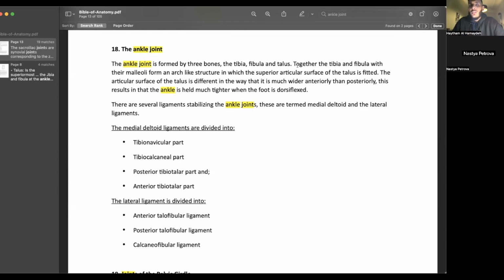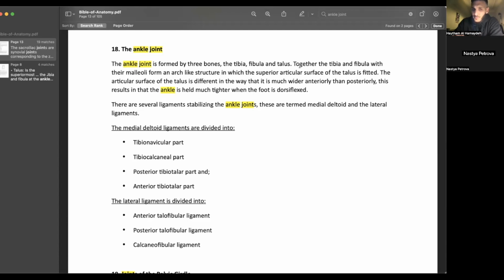Also, about ligaments, there are two types: the medial deltoid and lateral deltoid ligaments, but they are divided into three types maybe. The medial deltoid ligament is divided into the tibiotalar part, anterior and posterior, the tibionavicular part, and the tibiocalcaneal part.